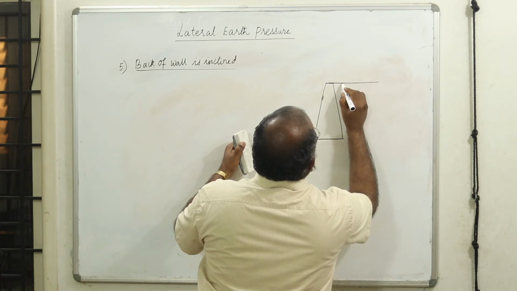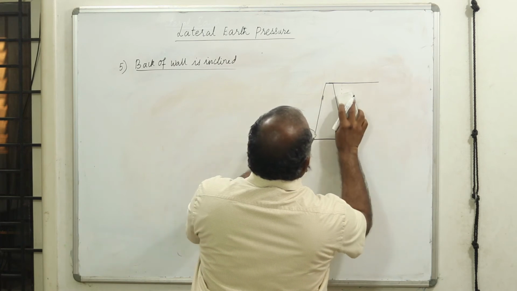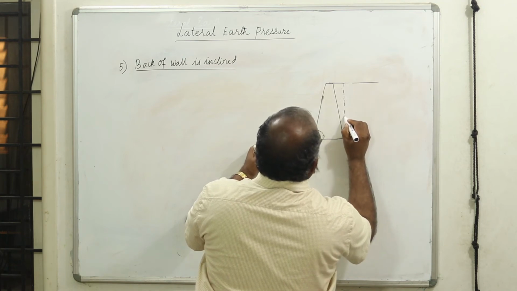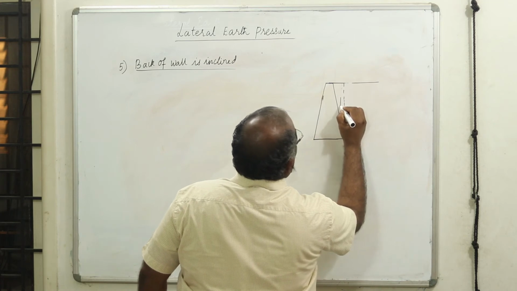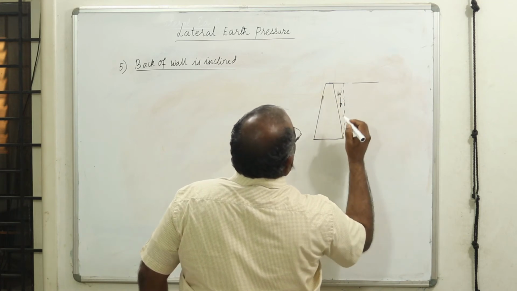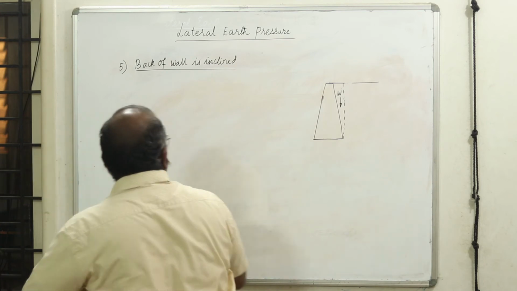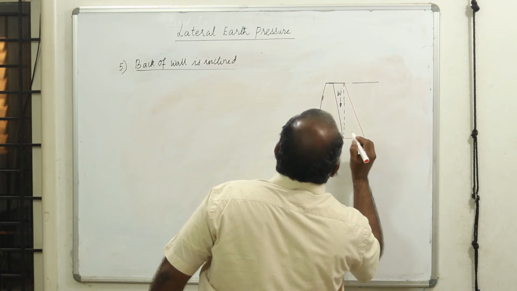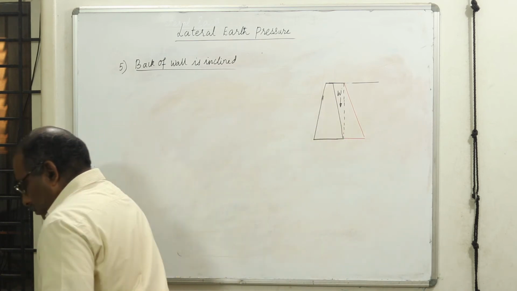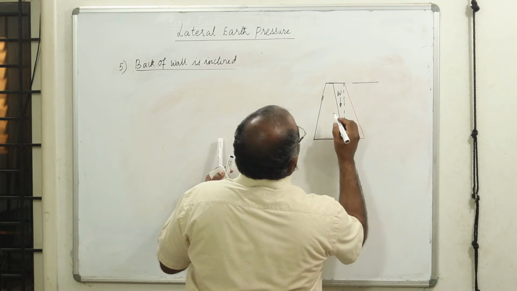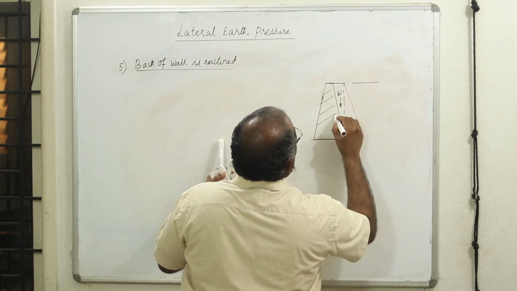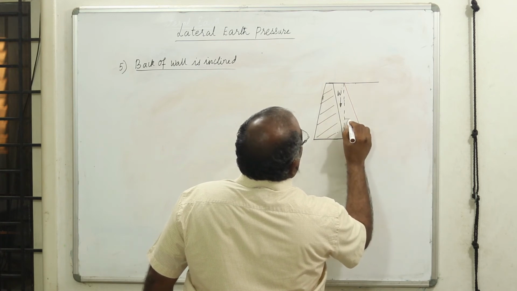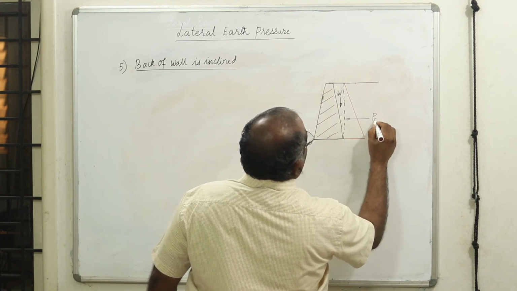Now what happens here? You will have a column of soil. Now we will have a weight W, and we will have a pressure distribution like this, because of assuming that it is a... now we will have a pressure distribution PA.